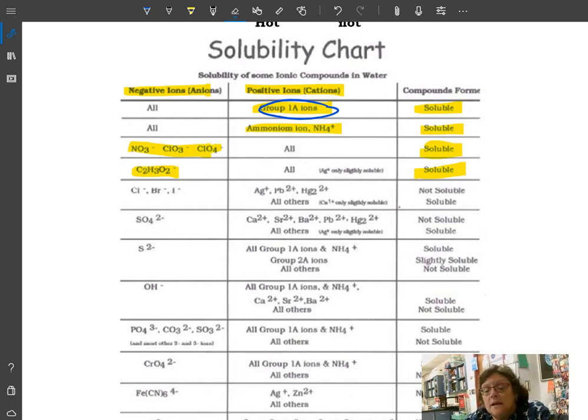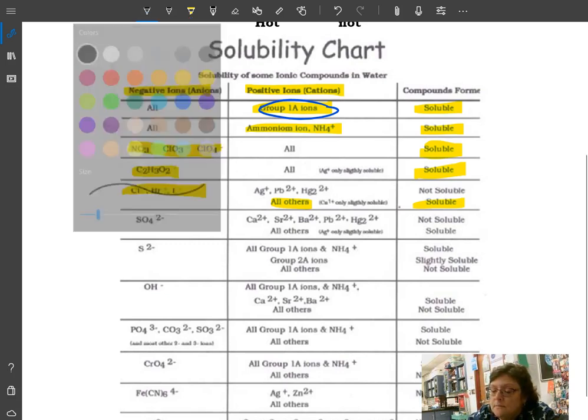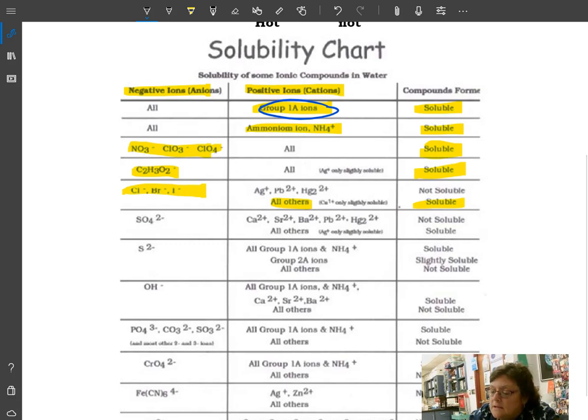But what if it doesn't have those? Well, the next thing we're going to look at are chlorides, bromides, and iodides. Chlorides, bromides, and iodides are usually soluble. The exception is silver, lead, and mercury, and we refer to these as PMS.